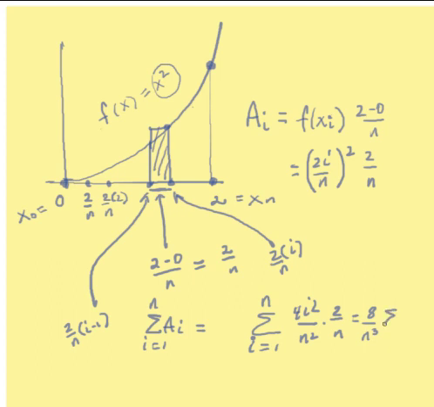And here we have the sum of i squared, where i goes from 1 to n. This is what we're going to calculate. We're going to use our sum of i squared formula to figure this out. And so the area of n rectangles is going to be 8 over n cubed times this.